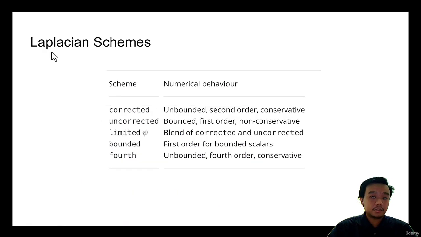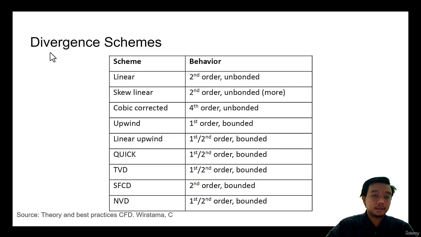It is also the same for the other schemes, like the divergence scheme. We have different orders and boundedness of the schemes, and that's all about the speed of convergence and also the stability of the solver. You can actually refer to my book to see the detail of it, but you can just use trial and error.